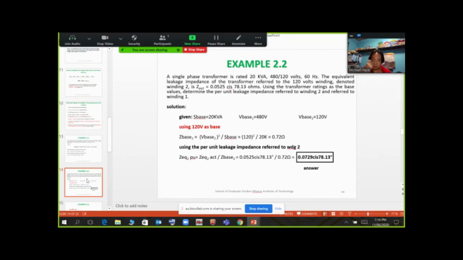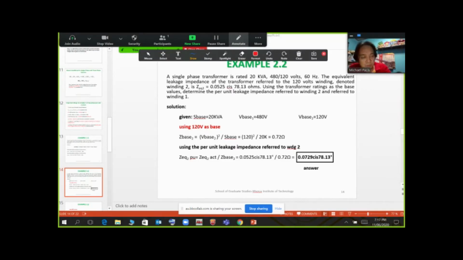In this example you can appreciate that it's much better to use the formula in terms of whatever the reference is. You can refer to the primary or to the secondary side. Please take note, since the given is in ohms, you need the formula per unit equals actual over base.